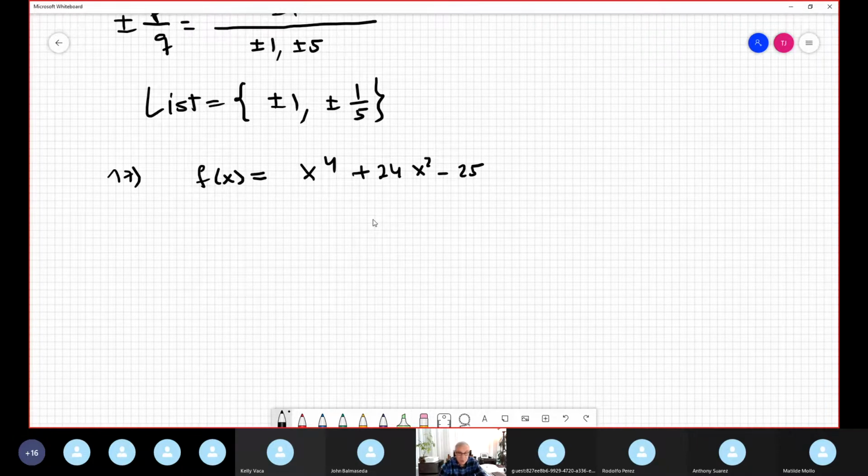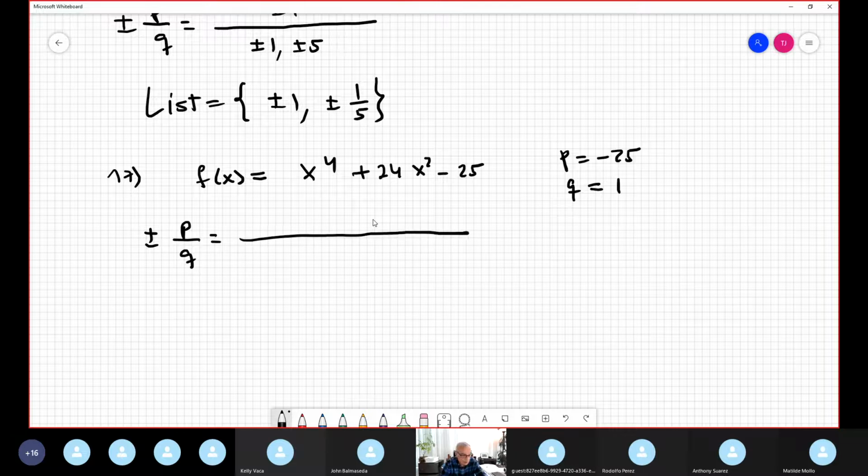P is 25 or negative 25, either way, and Q is 1. Plus or minus P divided by Q is plus or minus 1, plus or minus 5, and plus or minus 25.